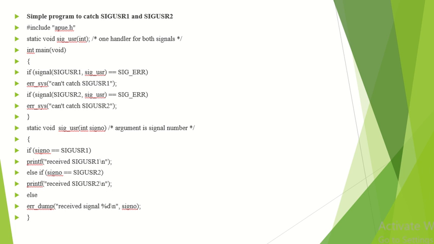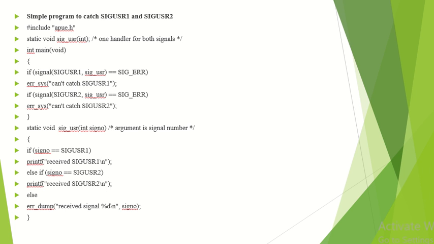Let's see the if signal, the function for which we take this program: signal(SIGUSR1, sig_usr) equal to SIG_ERR. Here there are two parameters: first is SIGUSR1, the signal number, and second is sig_usr, the function defined after main, and the result will be checked for equality to SIG_ERR.